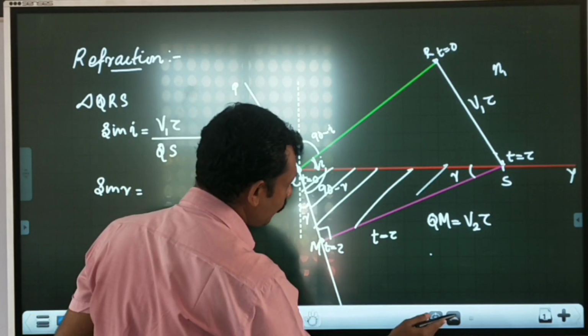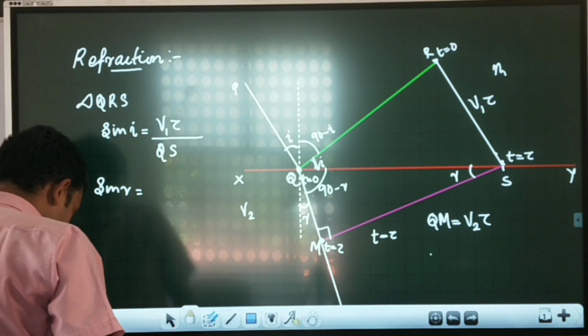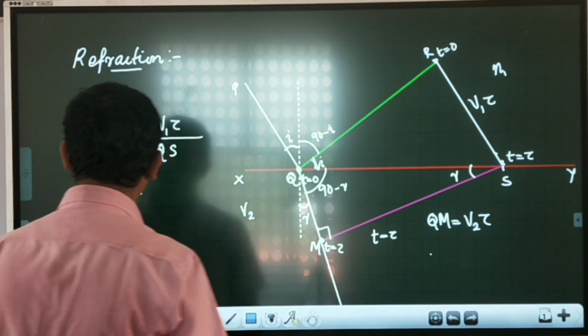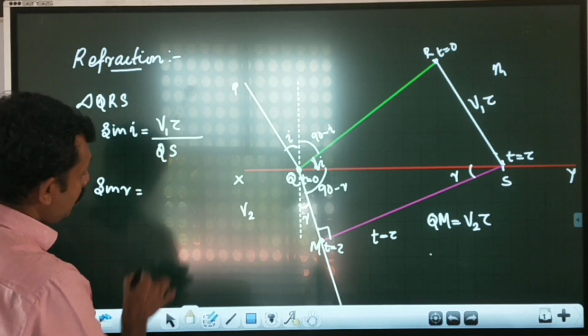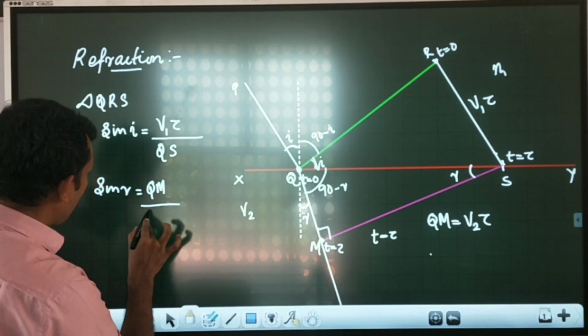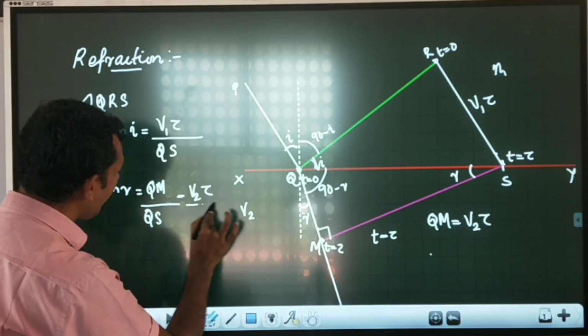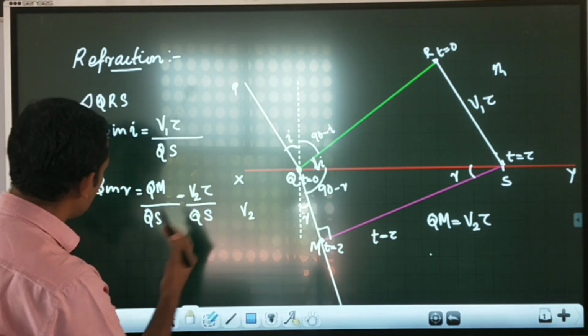So this is how I am drawing. So Qm is equal to v2 tau, so I can say sin r is equal to Qm divided by Qs, which is equal to v2 tau divided by Qs.